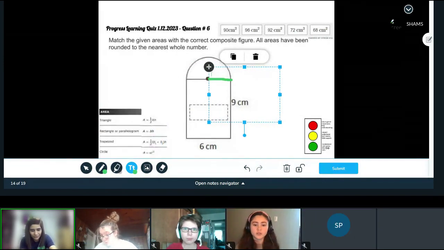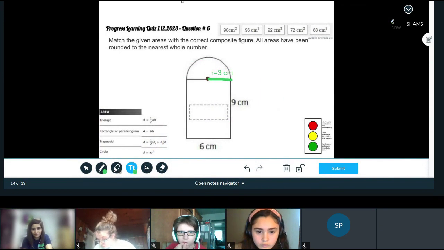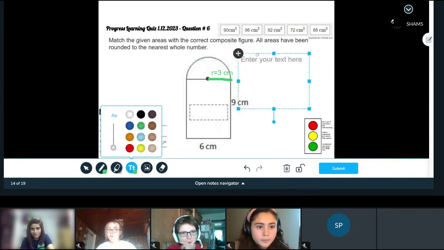Yeah, r equals 3 centimeters. That makes sense? Radius has to be 3. In order to find the area of this half circle, what are we going to do? Let's go ahead and do the area of this half circle.